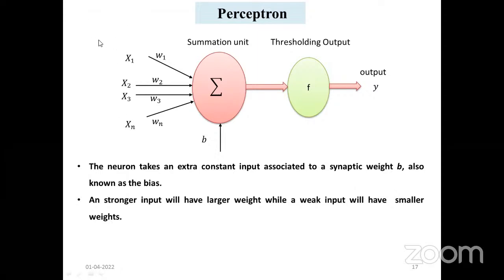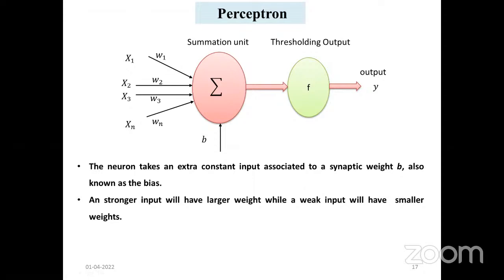When a pattern is applied here, it will have x1, x2, x3 up to xn attributes. Whenever an attribute value is applied here, it is multiplied with a weight. Similarly, this attribute value is multiplied with this weight. So each attribute value is multiplied with some weight.